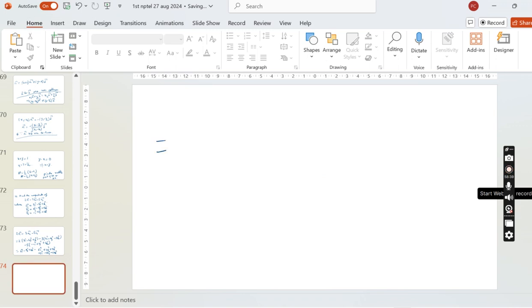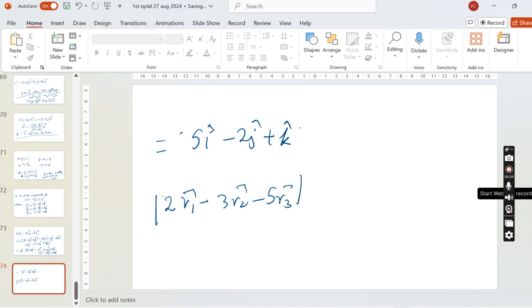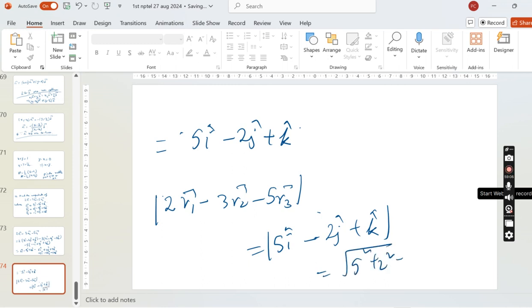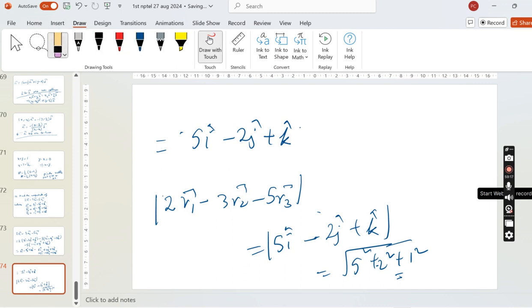After all the calculation, it will be 5i minus 2j plus k. So the magnitude of this will be 5 square plus 2 square plus 1 square, that is minus 2 whole square actually. That is actually root 30. That is the magnitude of the vector.